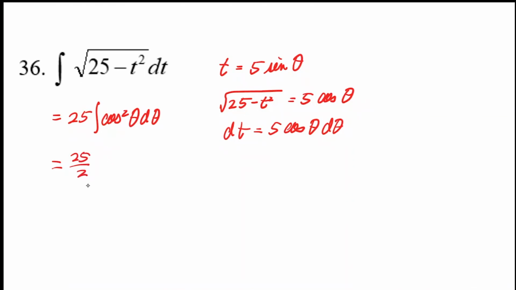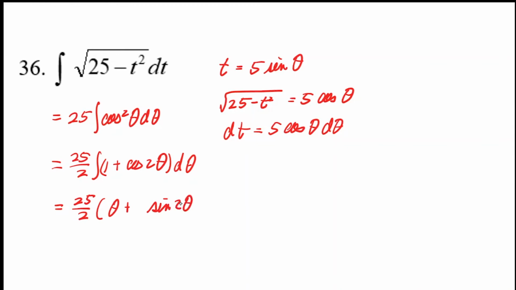So over 2 out here, and then this becomes 1 plus cosine 2 theta, like this. Good. Now, then, we integrate. So we'll have theta plus sine 2 theta, chain rule, 1/2 here. Good. Plus c.